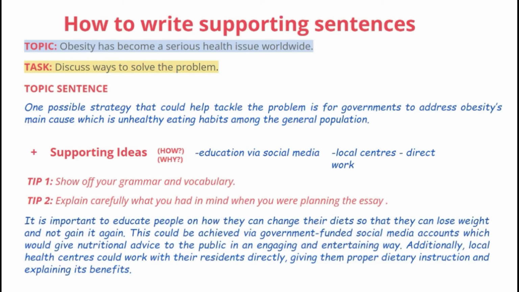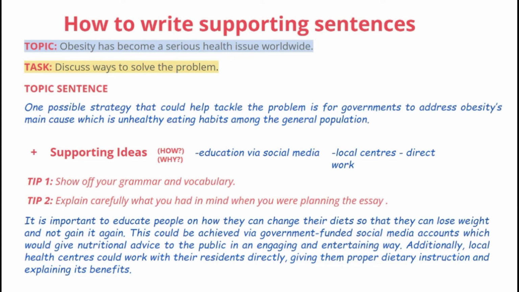It is important to educate people on how they can change their diets so that they can lose weight and not gain it again. This could be achieved via government-funded social media accounts, which would give nutritional advice to the public in an engaging and entertaining way. Additionally, local health centers could work with their residents directly, giving them proper dietary instruction and explaining its benefits.